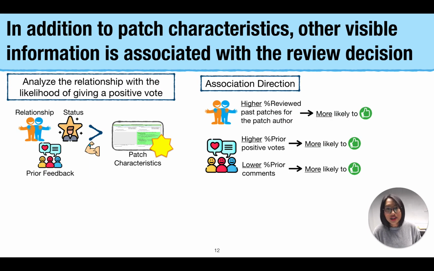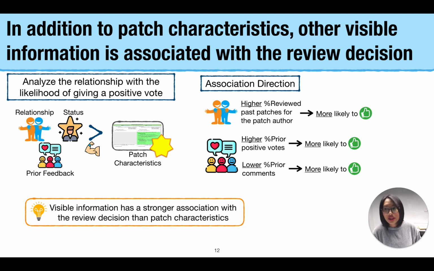So based on this, we conduct a data analysis to analyze the association between the visible information other than the patch characteristic and the review decision of reviewers. And we find that the visible information such as the relationship, the status, and prior feedback has a stronger relationship with the review decision of a reviewer more than the patch characteristics.